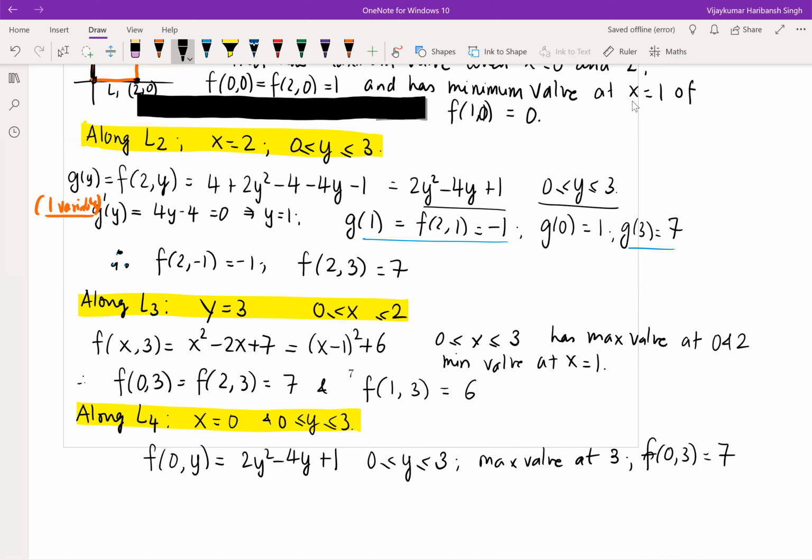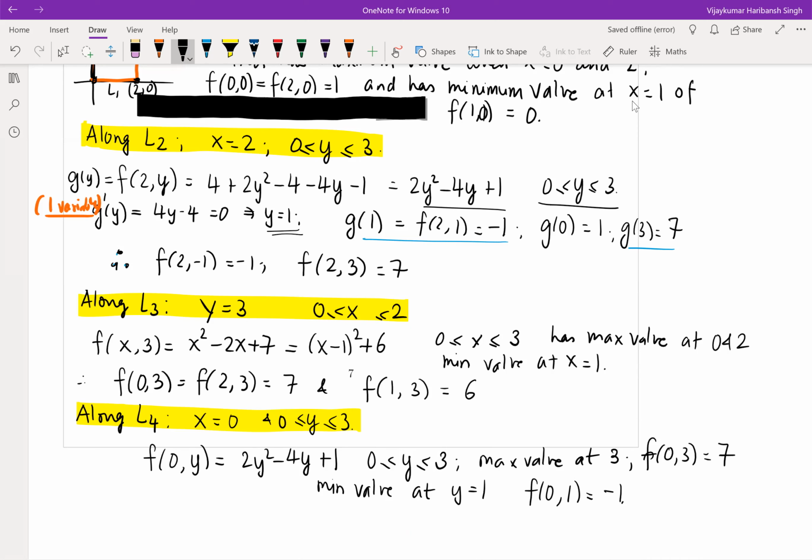And the min value is at y equals 1, where we get f of 0, 1 equals 2 minus 4 plus 1, which is minus 1.